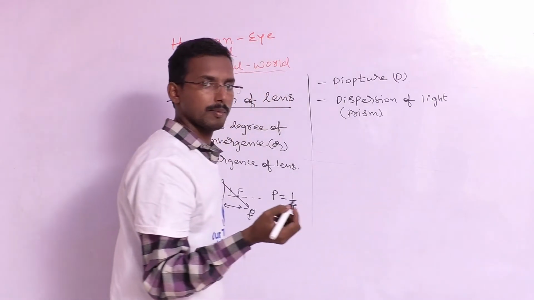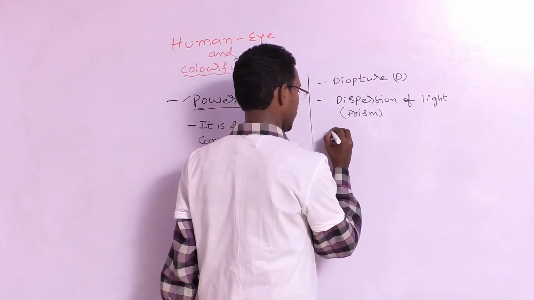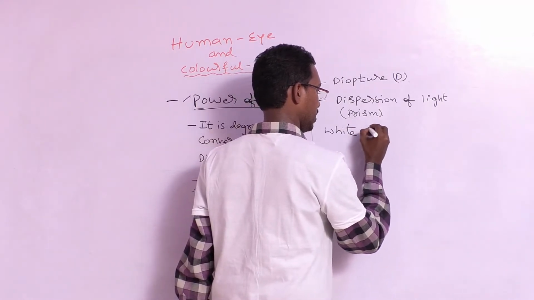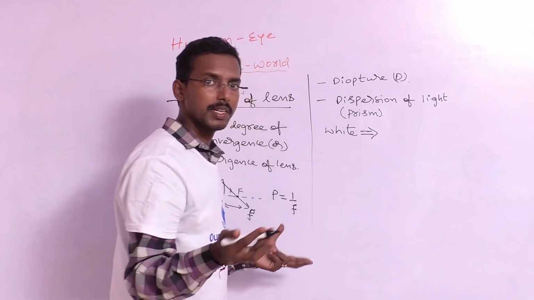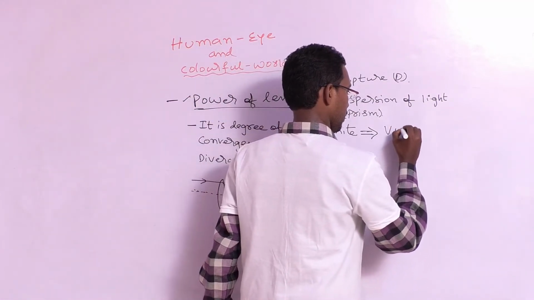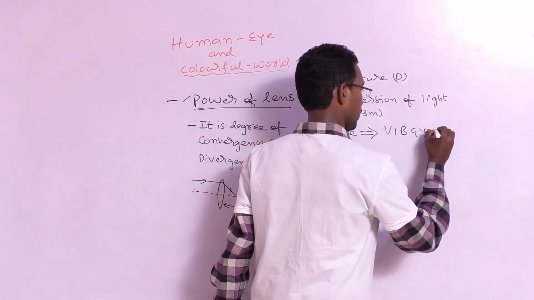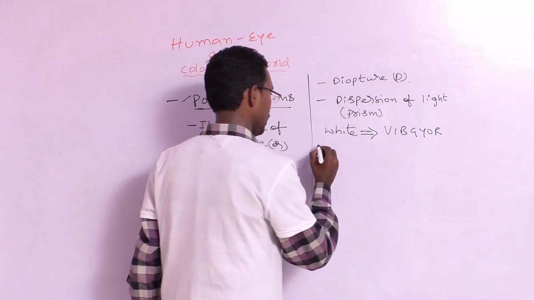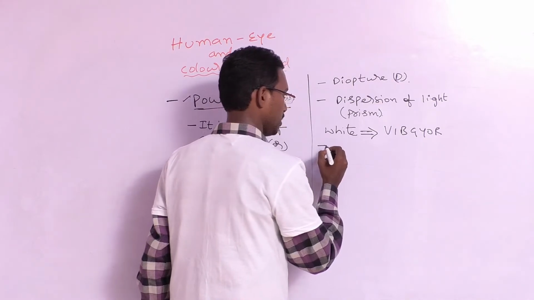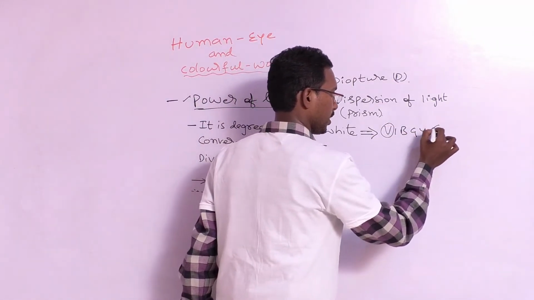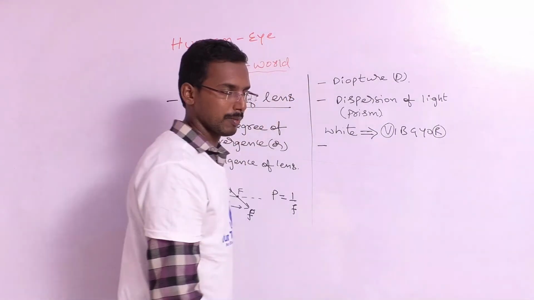Dispersion of light is nothing but the phenomenon in which white light is spread out or dispersed into 7 colors known as VIBGYOR: violet, indigo, blue, green, yellow, orange, and red. Among these, we will deal mainly with violet and red. Those two are extreme colors.